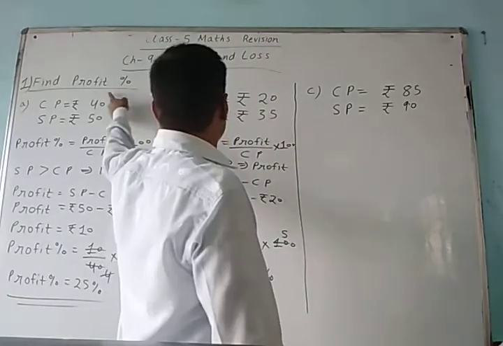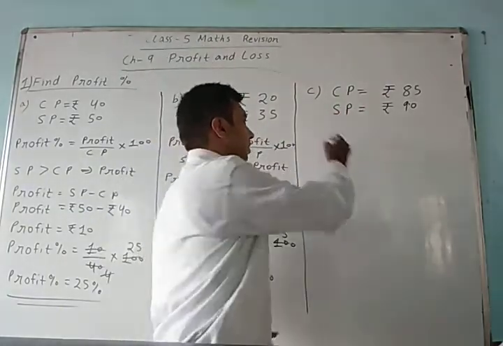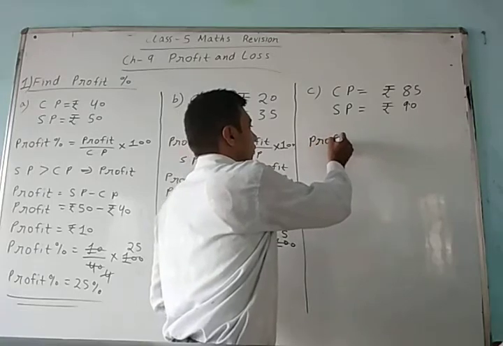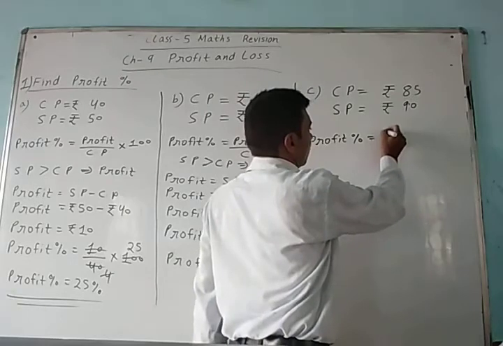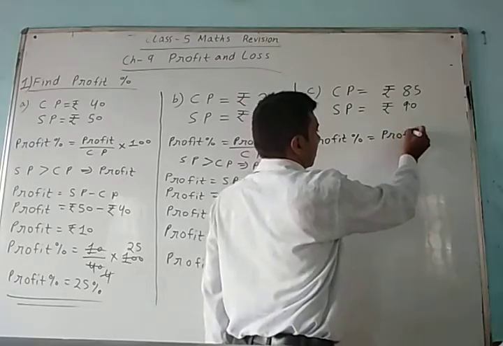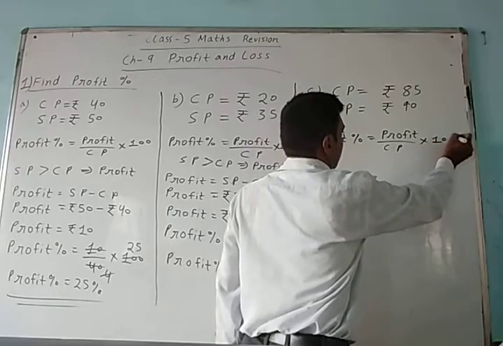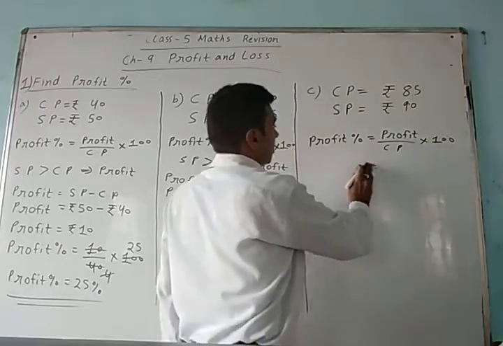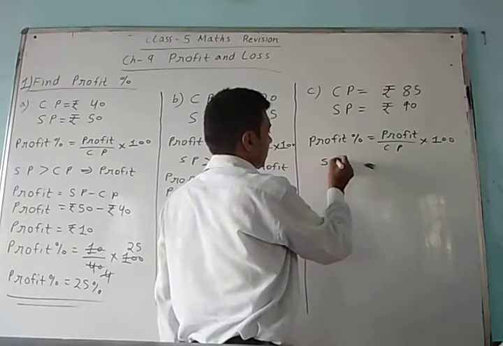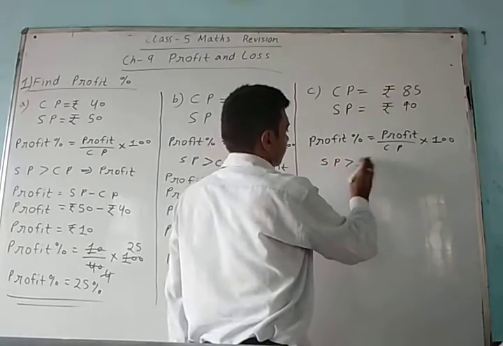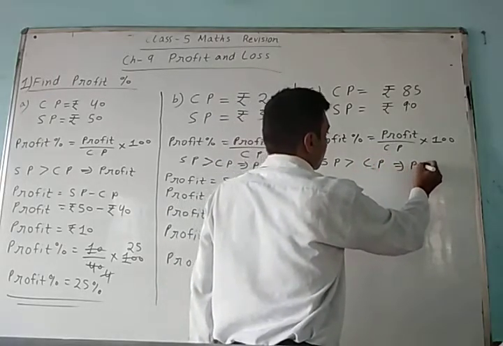See here, you can see in this question, we have to find out profit percent, and student profit percent is equal to profit upon CP into 100. Now students see here, this selling price is more than cost price. So it is profit student.